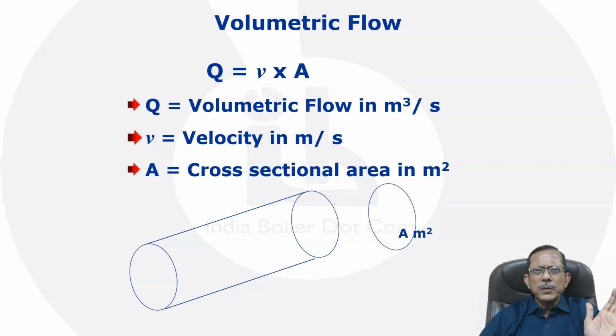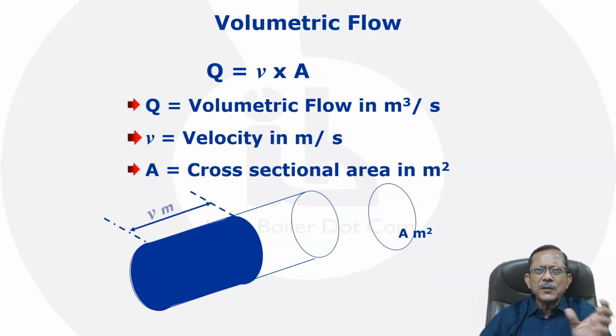Now how much volume is passing through it will depend on the velocity of that fluid. If the velocity is V meter per second, that means in 1 second V meter will be traveled by this fluid, so it is going to occupy V distance through the pipe. So how much volume would be there? Cross-section into the distance traveled is going to be the volumetric flow of this fluid through the pipe per second, right? That is the basic concept.